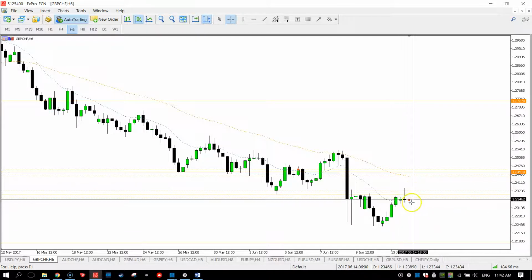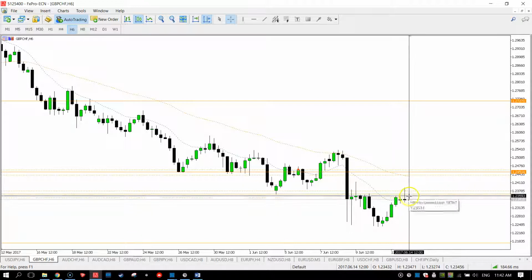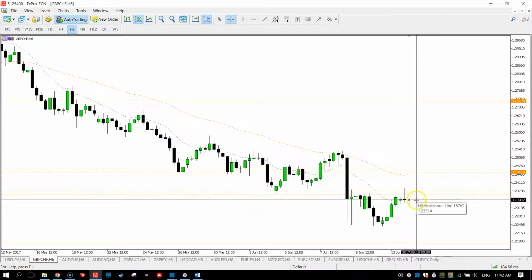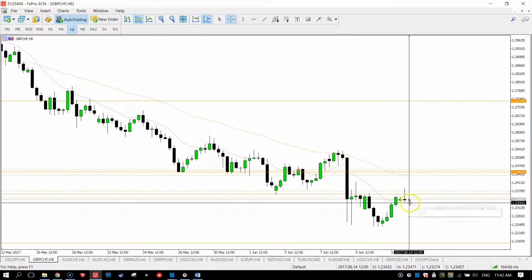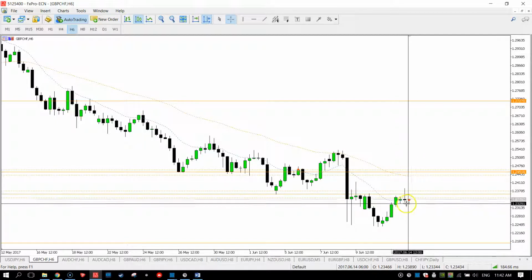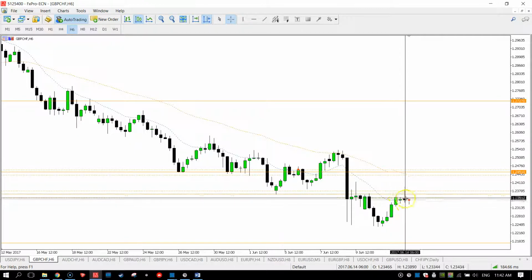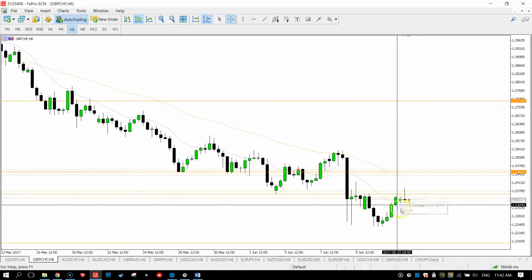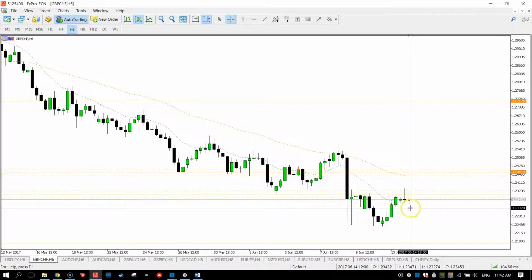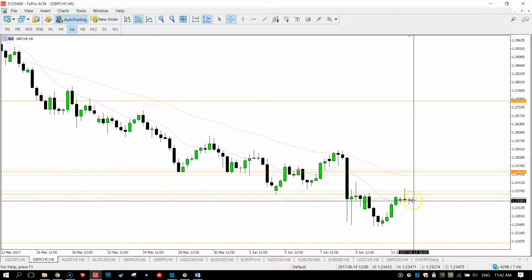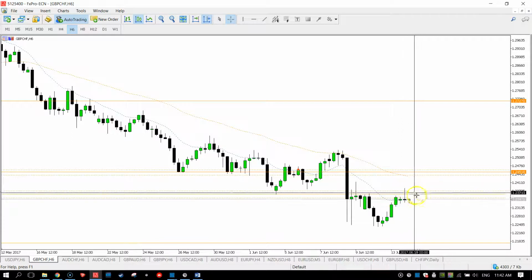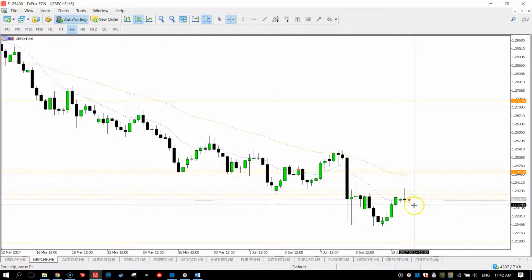So for me, in this case, you generally have three different types of entries. You can either enter at a break of the low of the indecision candle, the inside bar, or even the inside bar combo, so down here, but that's just a bit too far for me. So I entered based on the break of the indecision candle as in my usual setups.